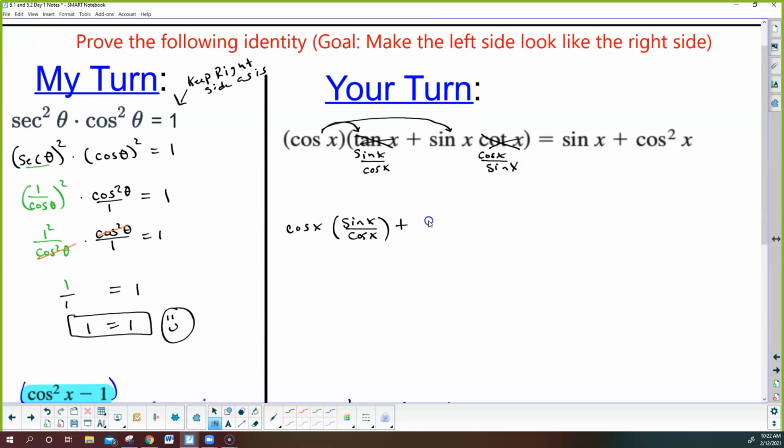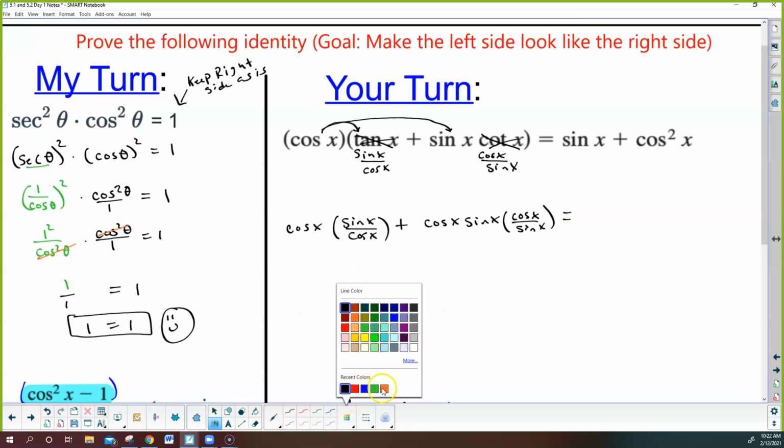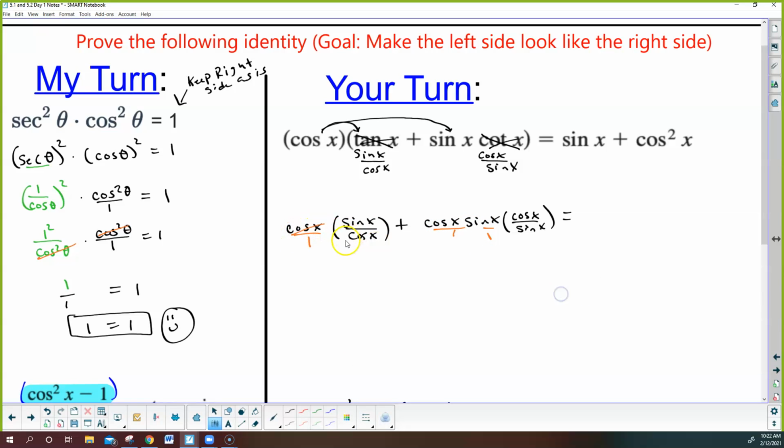And it doesn't matter which way I write it, if I want to write cosine and then sine or sine and cosine. But then I'm going to notice these are all technically over 1. And I got a cosine on top and a cosine on bottom here, so this will reduce out to just sine of x, which is the first part that we wanted.